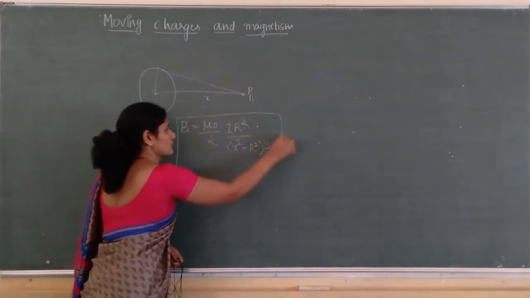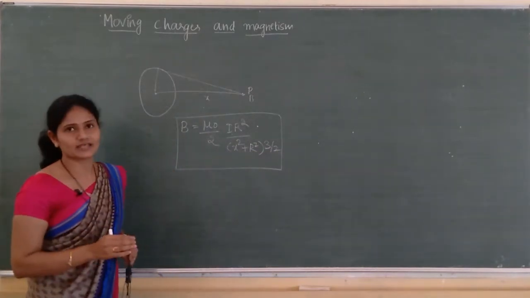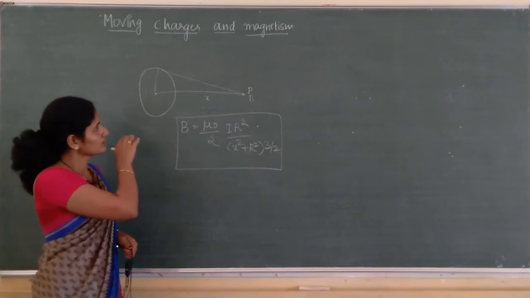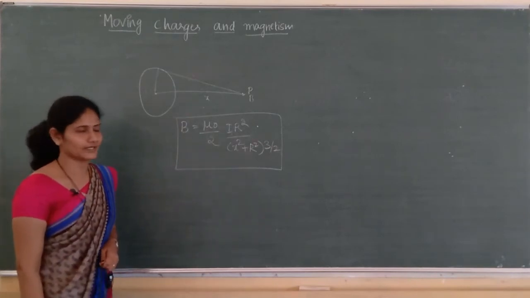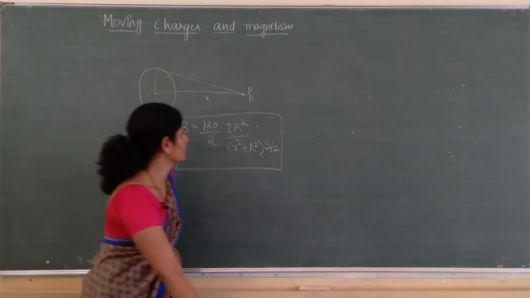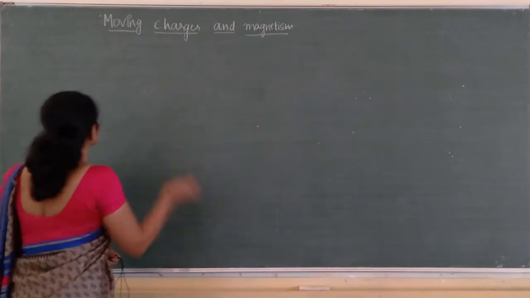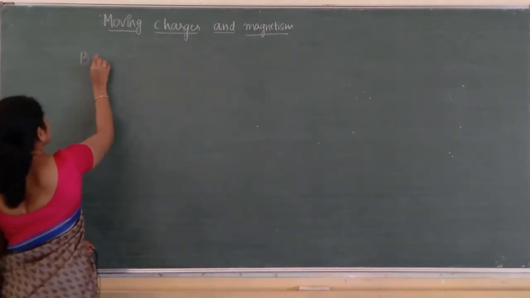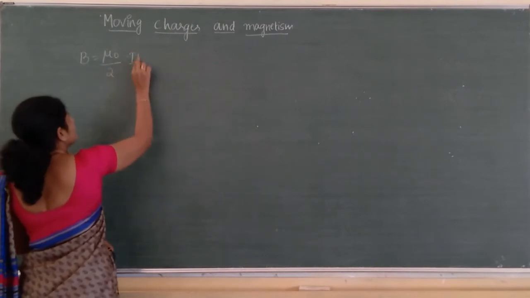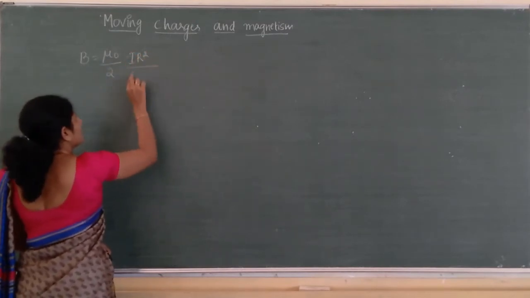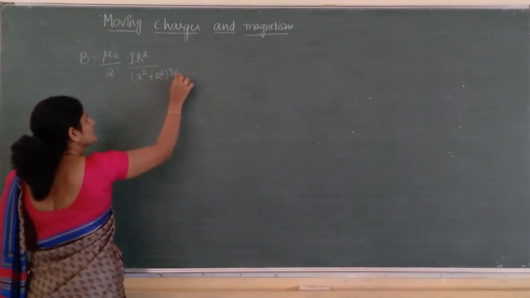So, this is the expression for magnetic field along the axis at a point P, or at a distance x from the center of the coil.